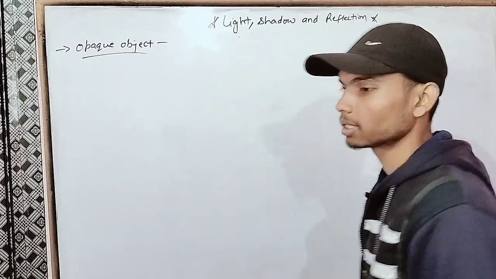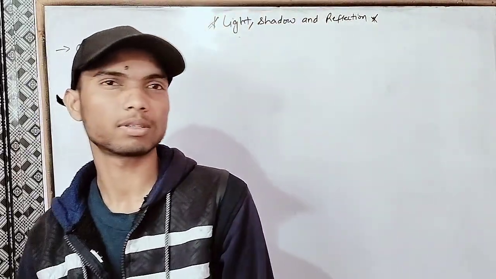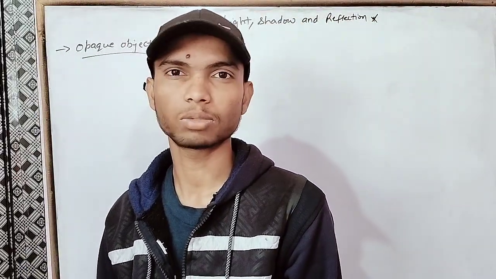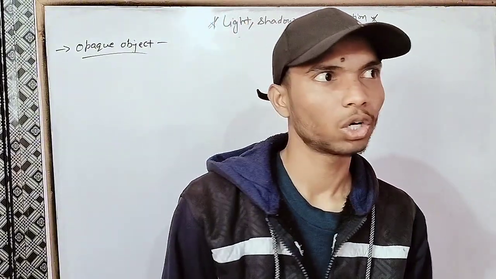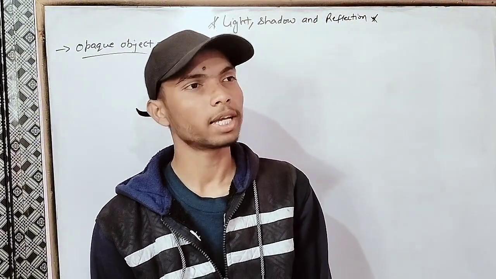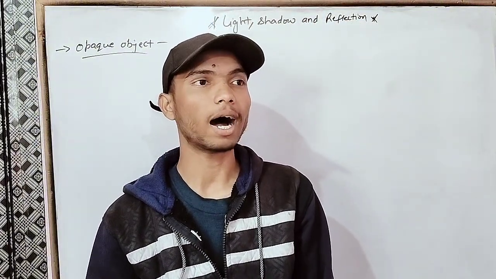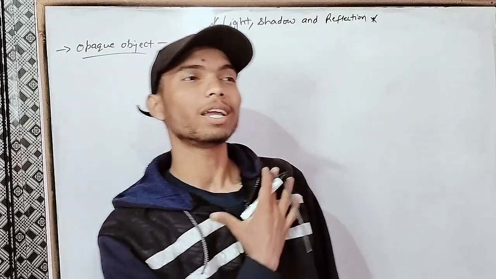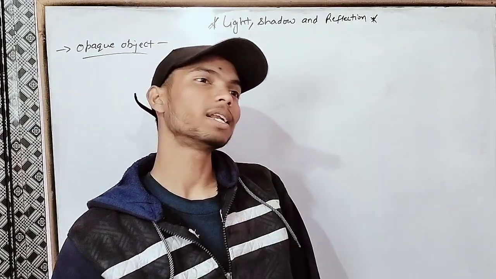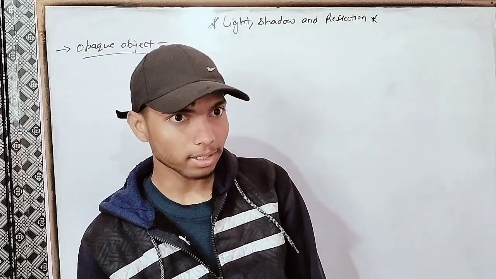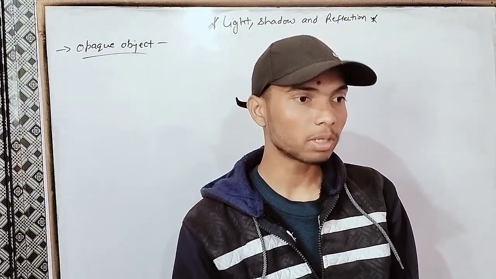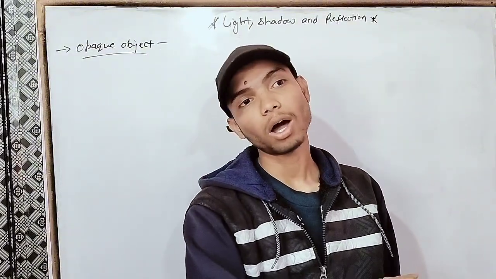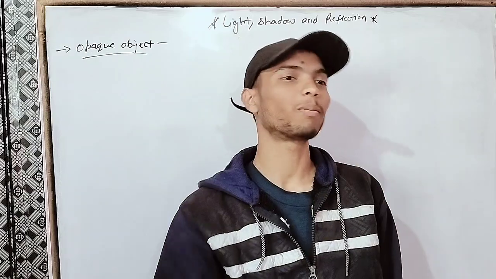As we were discussing transparent object and translucent object, similarly here, it says that I will block light completely. Light will be coming from the source light, so I will block all the light.